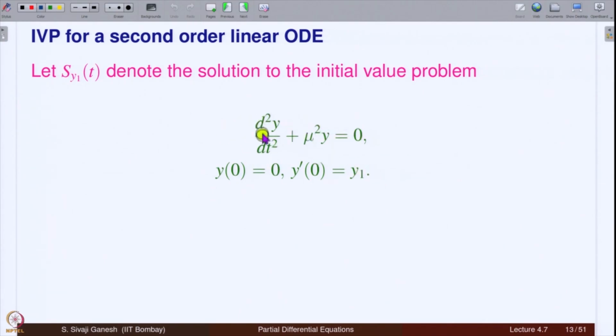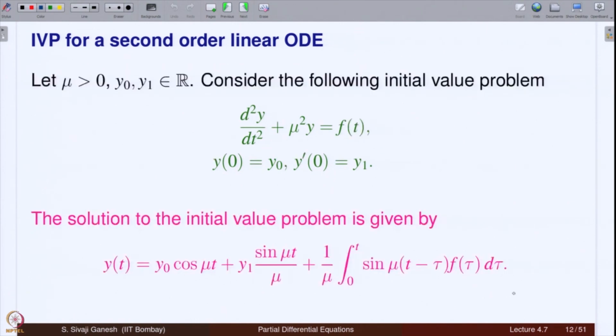Before that, let us introduce the homogeneous equation. Remember, Duhamel principle has something to do with homogeneous equations, so we will make the equation homogeneous and the initial data has to be tailor-made using this source term.